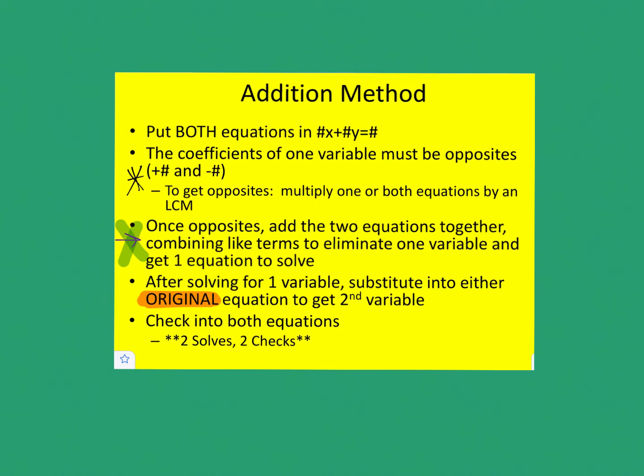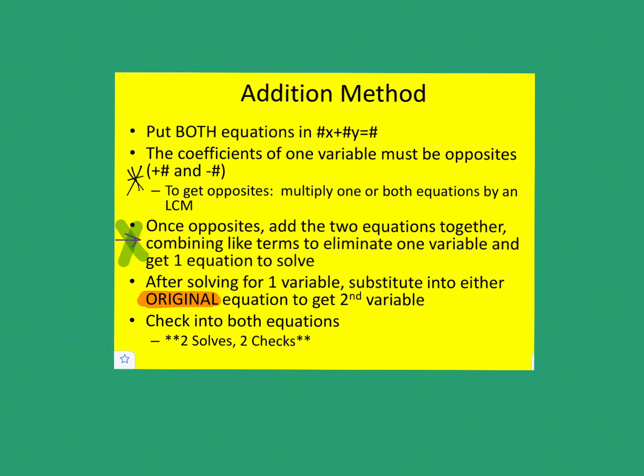If we start off and some of those questions have it that way, then we're great and we can move on. If we don't have that, we start making it happen, which is multiplying one or both equations by some kind of least common multiple, which could simply be a -1 to get the opposite signs. It may have to be a positive or a negative number, but we'll get there as we do some examples.